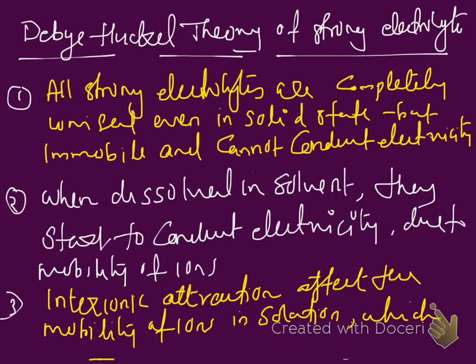What are the major concepts of Debye and Hückel? It can be listed like this. All strong electrolytes are completely ionized even when they are in solid state. For example, in NaCl crystal, you have already studied that in solid state there is no sodium atom or chlorine atom.